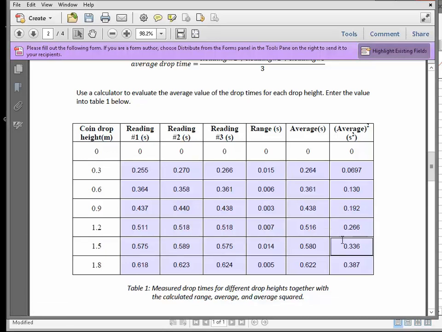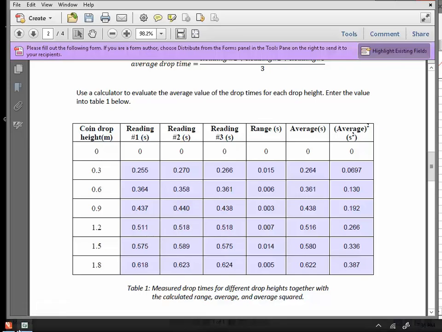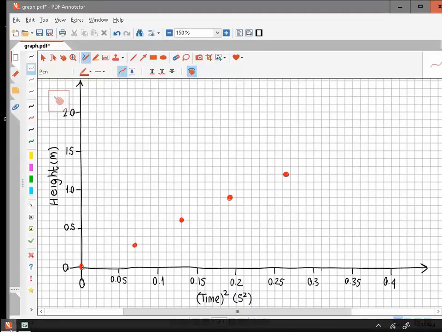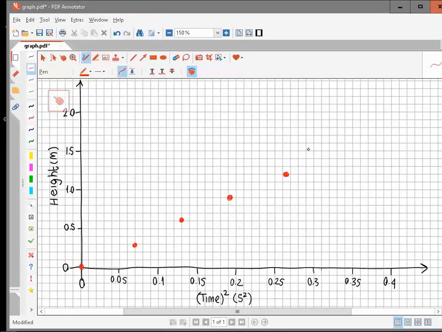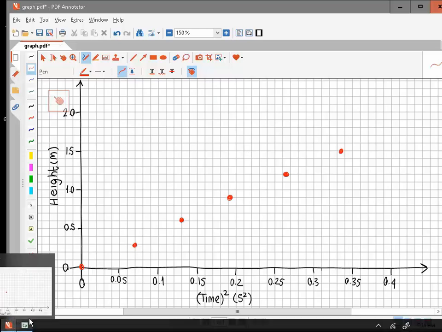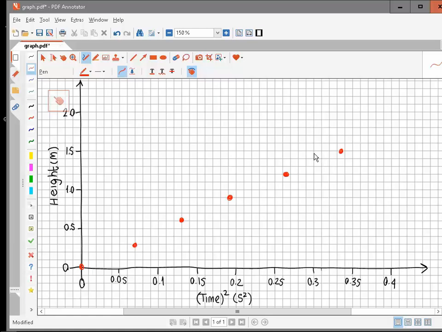And 1.5 is 0.336. 1.5 is 0.3, 1, 2, 3, and put that there. That's 0.336.